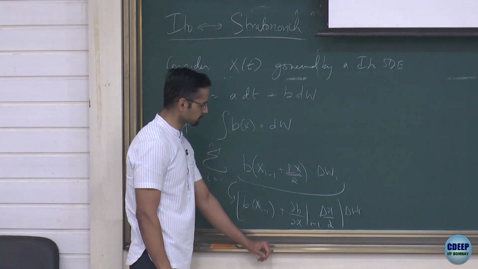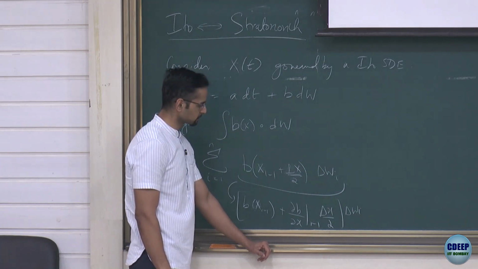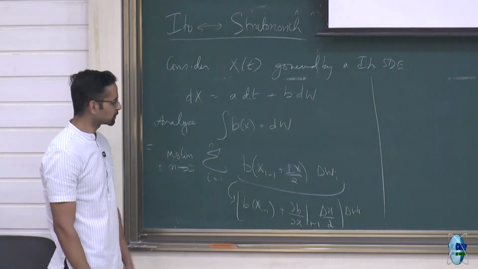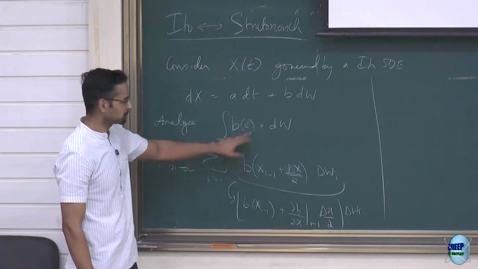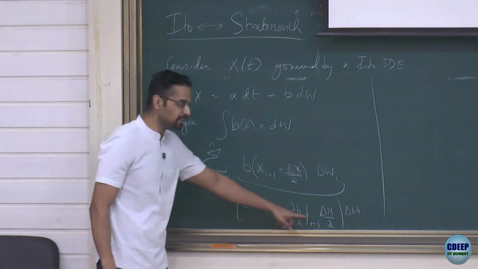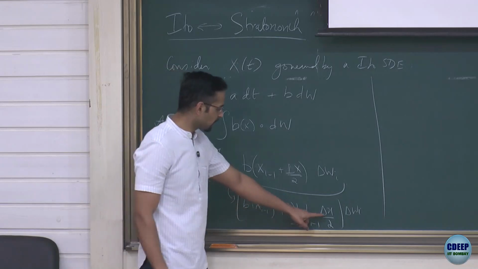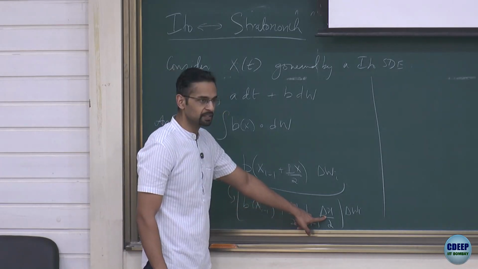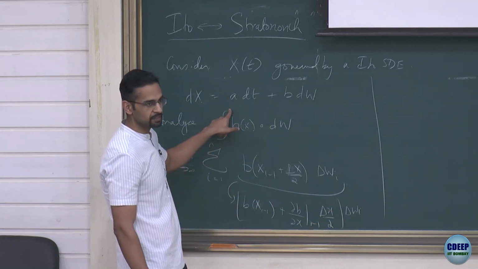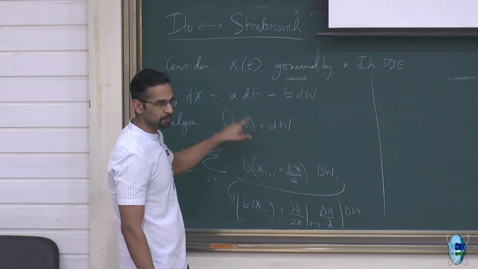Okay, this is fine. So I have taken the partial sum, which is just the definition, used the definition of the Stratonovich integral, then done a Taylor series. And now I need to know how delta x behaves with delta w_i. But that I am going to use my Ito SDE and substitute back.